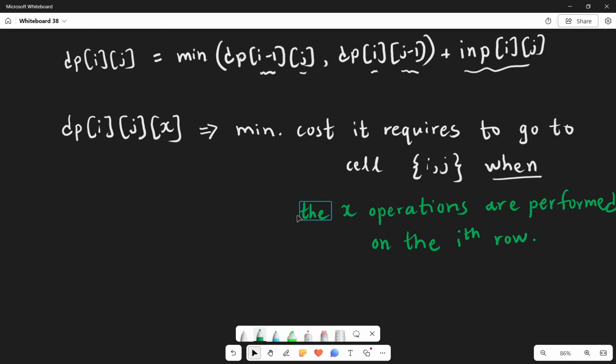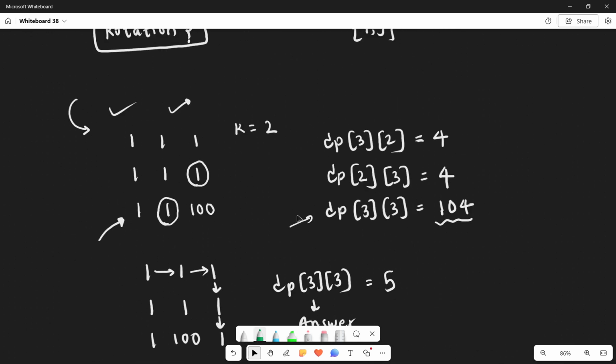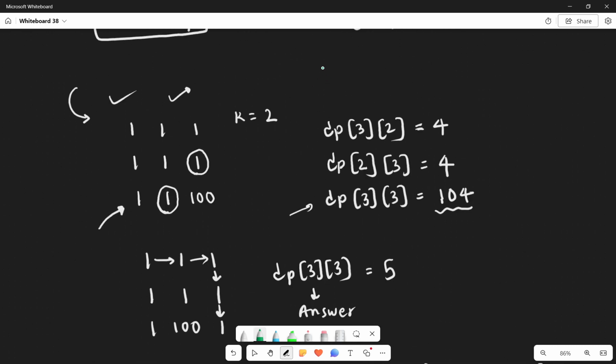Okay, so here in the previous example, you would notice that your dp of 3 comma 3 comma 0 would be 104, basically after performing 0 operations on that row. Now your dp of 3 comma 3 comma 1 would have been 5.